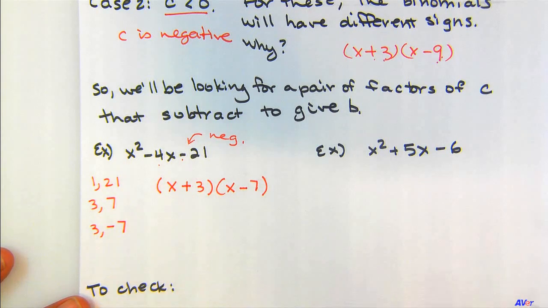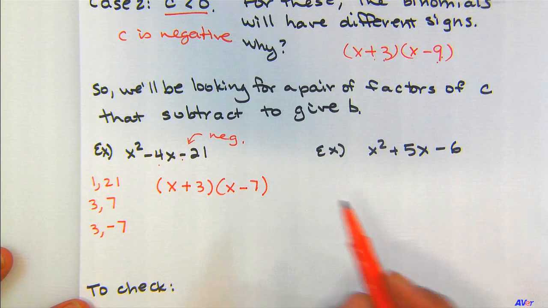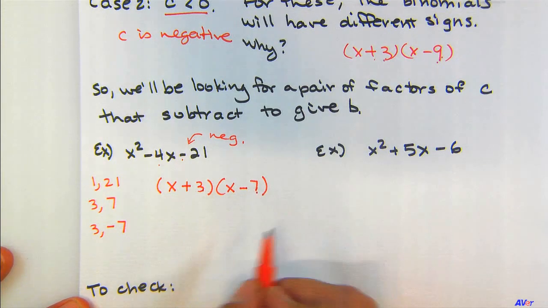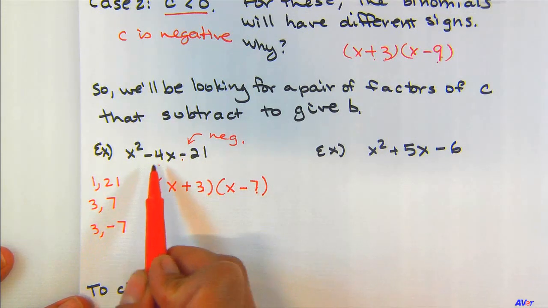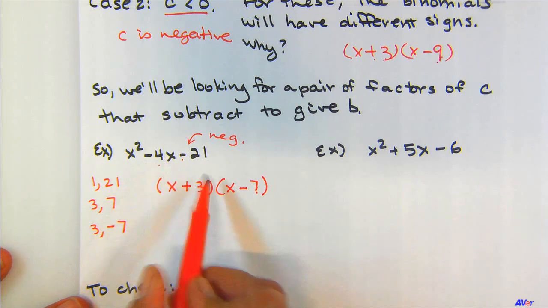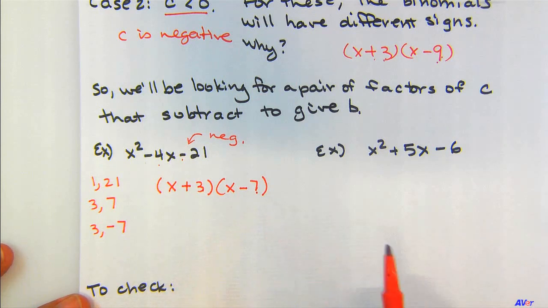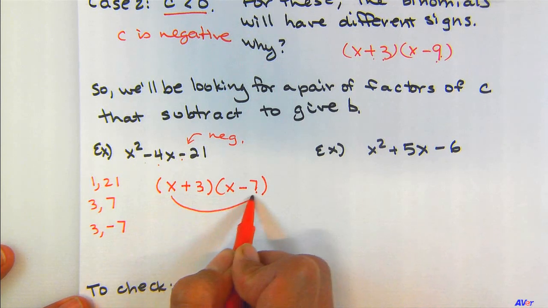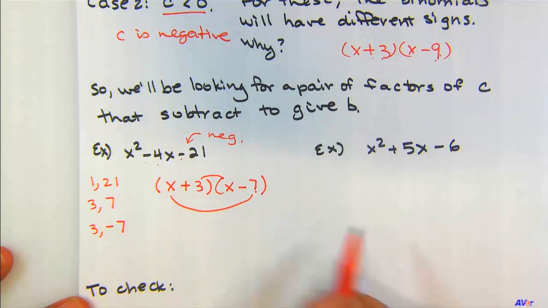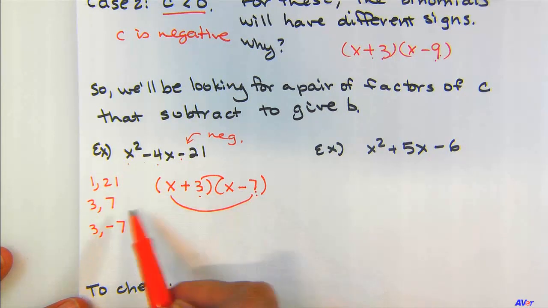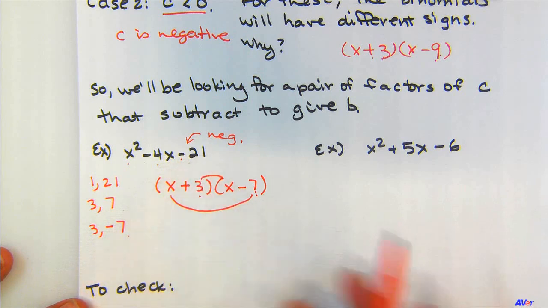Okay. In reality, what my brain does is I have the 3 and the 7 in there, and then I say, oh, but the 4 is negative, so my bigger number down here has to have the negative sign, so it wins in that tug of war of outer, inner. So I know my first matches, x squared. I know my last matches, that's how I chose my pair, negative 21.